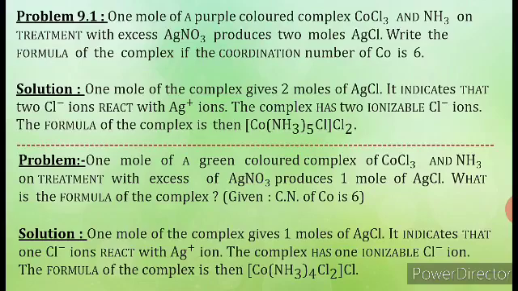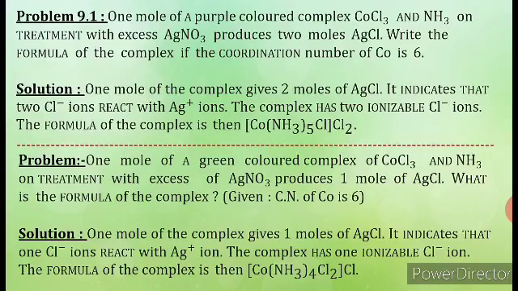By that you can judge how many chloride ions are present outside the coordination sphere, how many ionizable chloride ions are there in the compound, and on the basis of that you can judge the formula, how many molecules or ions will be inside the coordination sphere, how many outside, and then you can easily write down the formula of the complex.